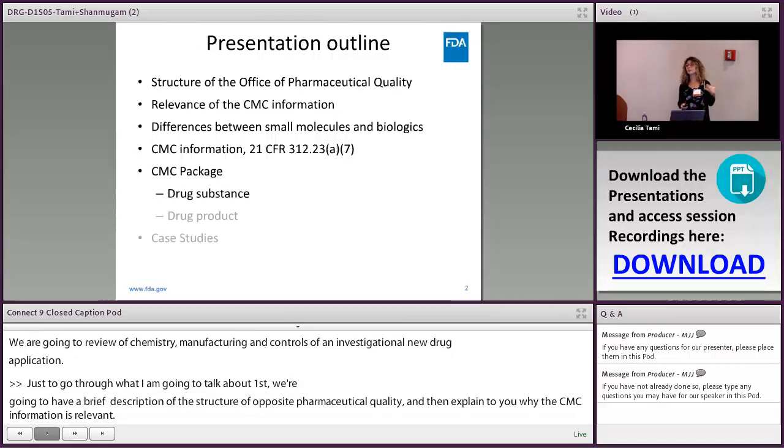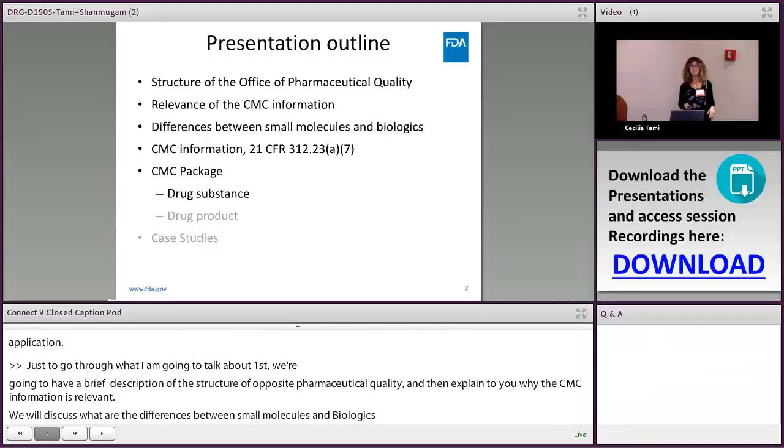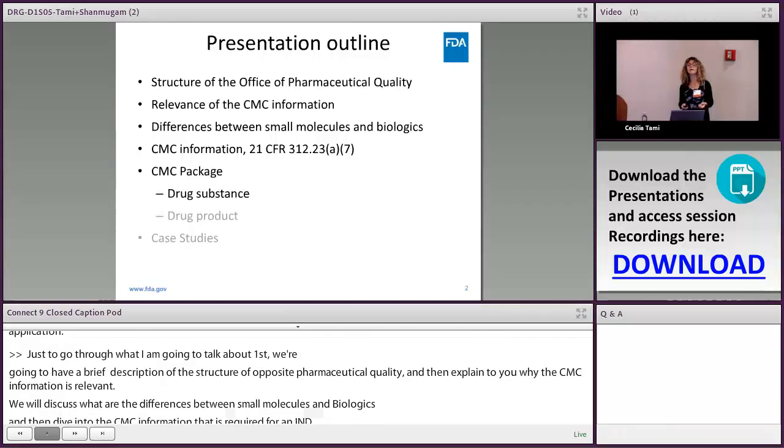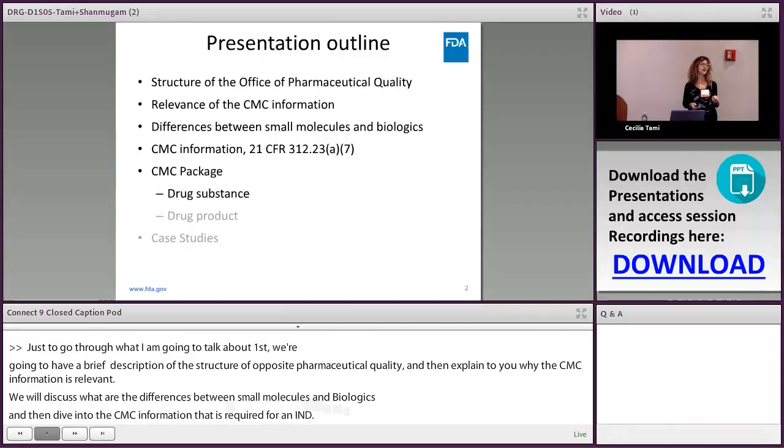I will specifically go into details for the drug substance, and then Bala is going to elaborate on drug product, and then the path forward for NDA and BLA. And I am going to share some case studies to show how we identified CMC safety concerns and how we resolve them, and work together with you to resolve them.